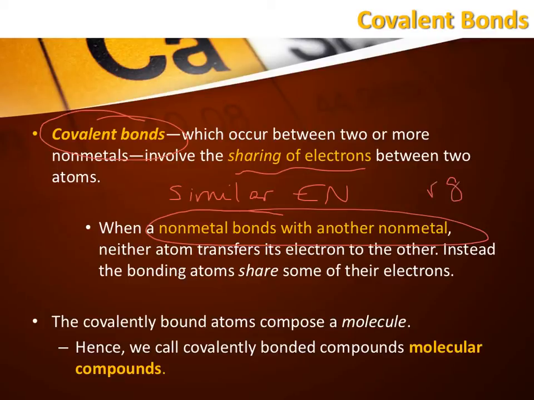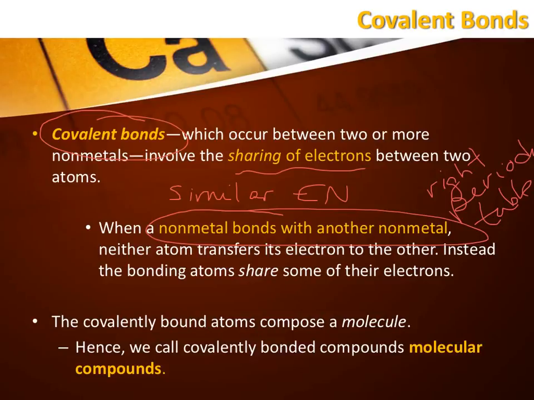They're on the right side of the periodic table. That's where the nonmetals are. So if you get two of those combining, they have comparable electronegativities. Neither one of them is willing to totally give up a valence electron, so they will share their valence electrons between them, and that is a covalent bond.